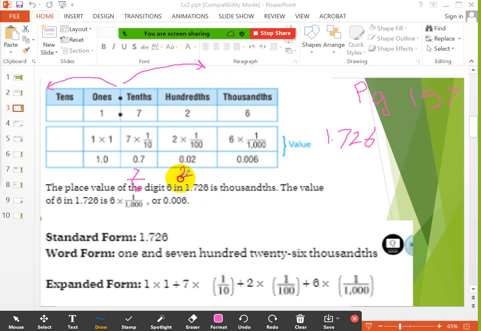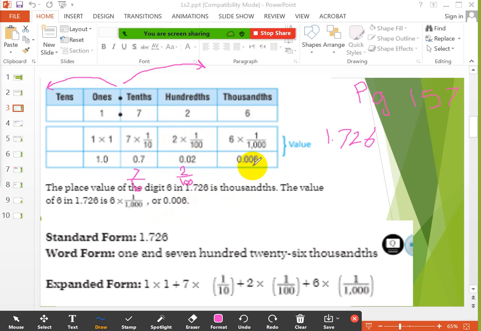Also, you can break down this decimal fraction and write it as 2 multiply 1 over 100. Try to multiply this 2 with 1 over 100. 2 multiply 1 equals 2, over 100. So I broke down the decimal fraction.